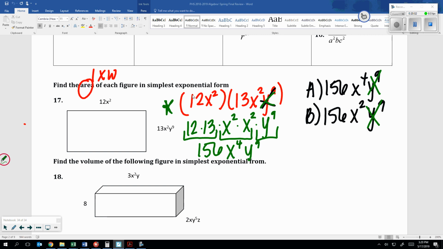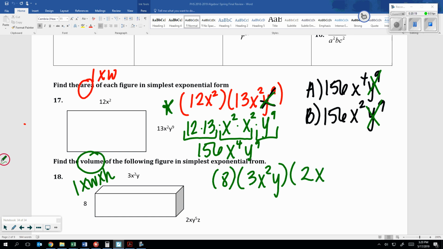Now, for 18, knowing volume. So volume is length times width times height. Since they're all multiplied together, it doesn't matter what comes first, what you start with. So if I start with 8, then 3x squared y, and then 2x y to the 5th z. Again, you can solve mathematically, or you could graph and match the way that you did up here.